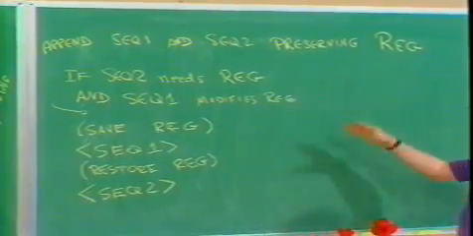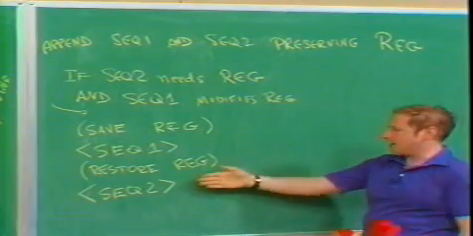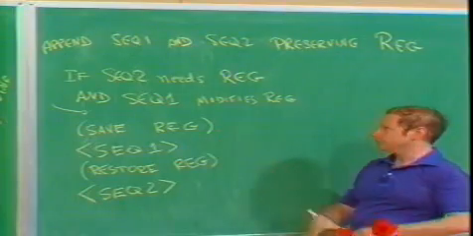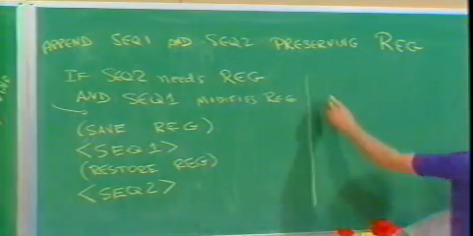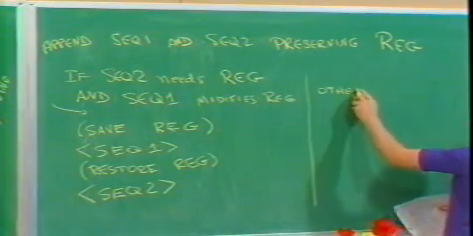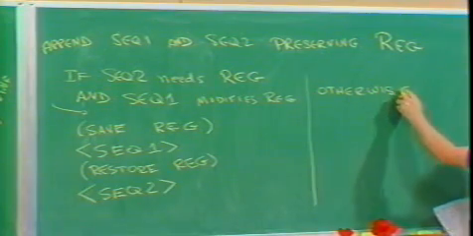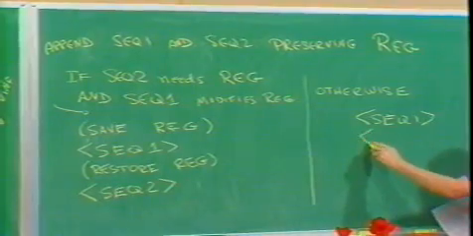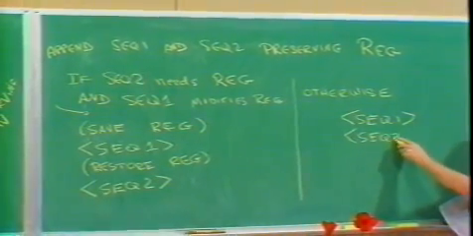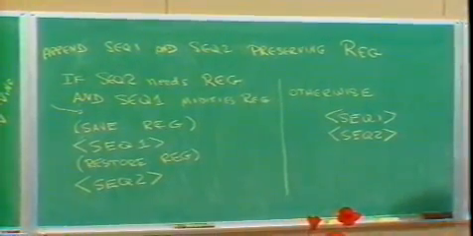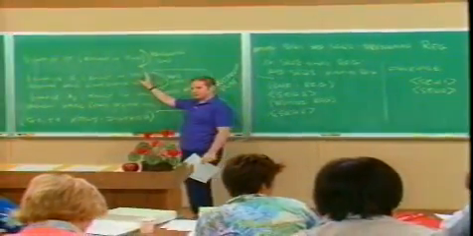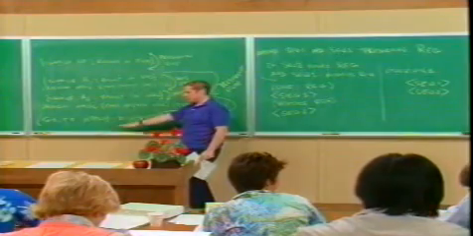That's in the case where sequence 2 actually needs the register, and sequence 1 actually clobbers it. Otherwise, all you spit out is sequence 1 followed by sequence 2. So that's the basic operation for sticking together these bits of code fragments, these bits of instructions, into a sequence.